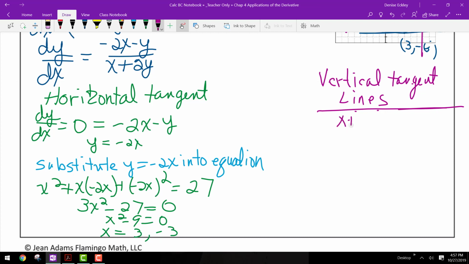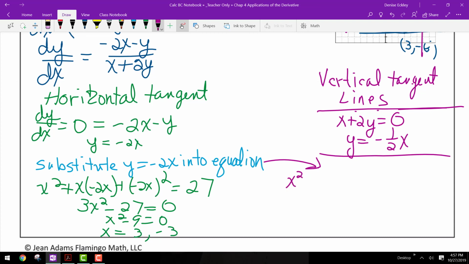So we have x plus 2y equals 0, so y is going to equal negative 1/2 x. Now we're going to do the same thing. We substitute into our equation: x squared plus x times negative 1/2 x plus negative 1/2 x squared, and that's going to equal 27.